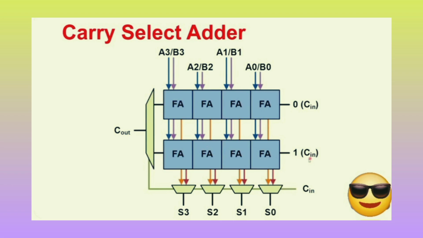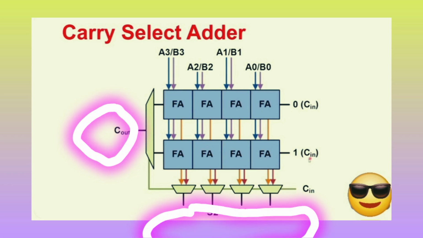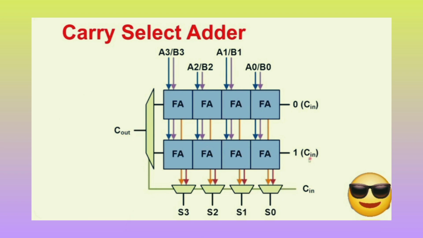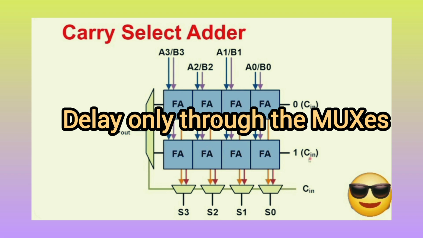When the real Cin arrives, all multiplexers switch instantly to select the correct pre-computed result. The sum bits S0 through S3 and the final carry out are produced with minimum additional delay, just the propagation delay through the multiplexer itself.